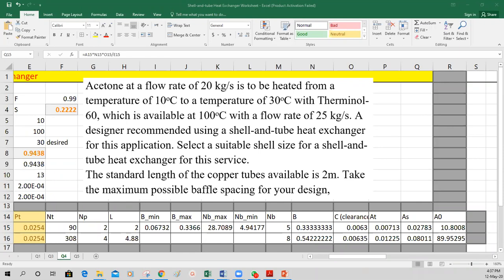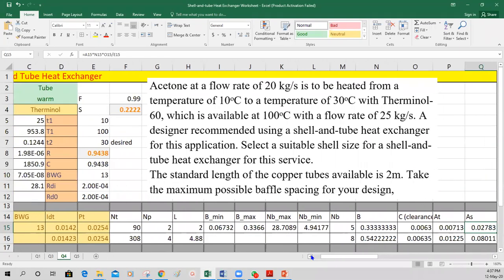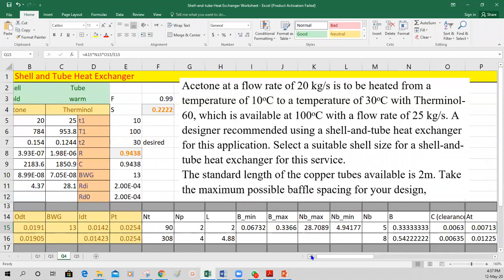Okay, calculate the area. Anyone else? Haytham, Ismail? You take the parameters from the screen. Doctor, what is the value of PT? The value of PT is 0.0254.